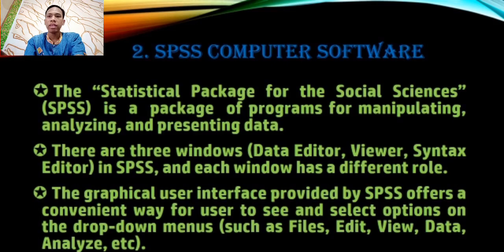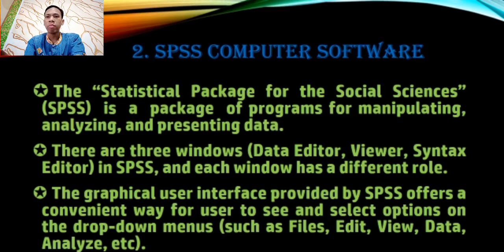According to IBM SPSS Statistics for Windows 2017, the Statistical Package for Social Sciences, or SPSS for short, is a package of programs for manipulating, analyzing, and presenting data. The package is widely used in the social and behavioral sciences. There are several forms of SPSS.